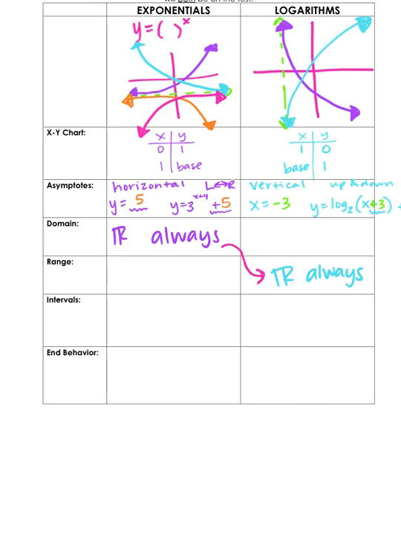Now my range, we're going to use our horizontal asymptote, and it will be from my horizontal asymptote to infinity, or -infinity to my horizontal asymptote. We're going to switch these.